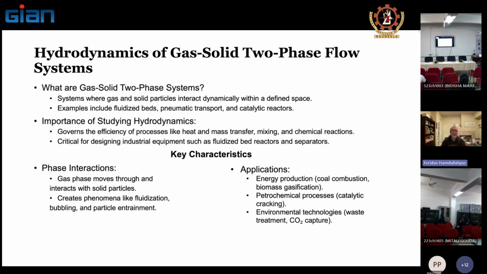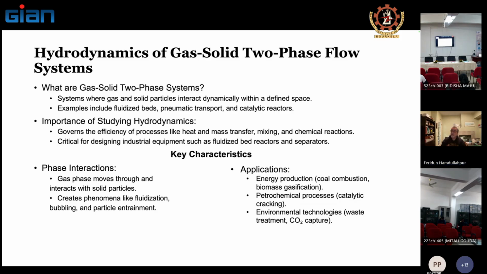So when this happens, we start with a fixed bed. We use fluidized beds. When it's really, really fast, we pneumatically transport those particles, or we use them in catalytic reactors.